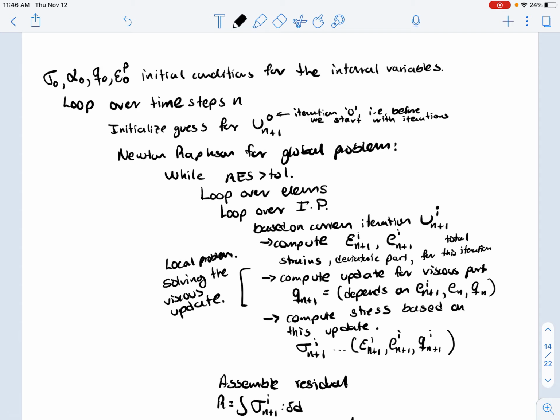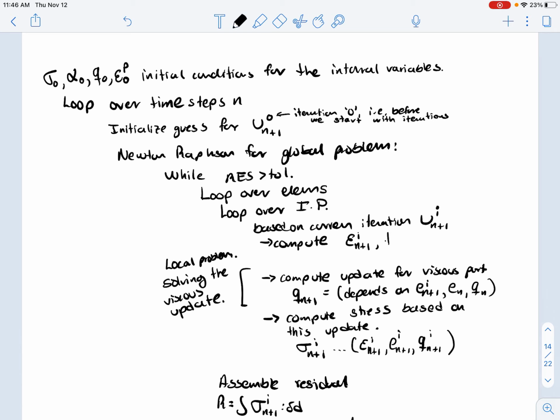Based on the current iteration, the displacements that you have for the current iteration, which are these u n plus 1 i, you can compute the total strain. In this case, no deviatoric strain, just total strain from this iteration. So this is same as before.